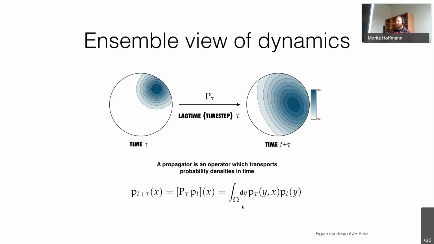And we can express this in terms of our probability densities. So the probability density at t plus tau is the probability density at t propagated with p tau, which is this integral. And the propagator really is the thing that we're interested in. The Markov state model in the end is our propagator, or an approximation of it.